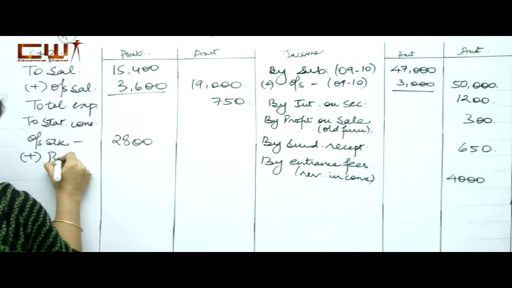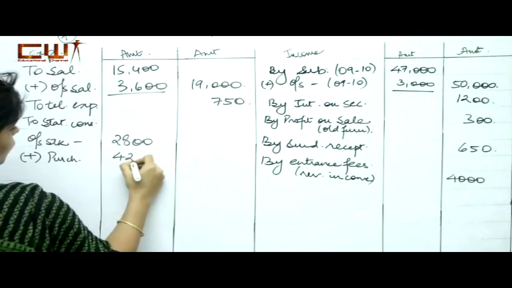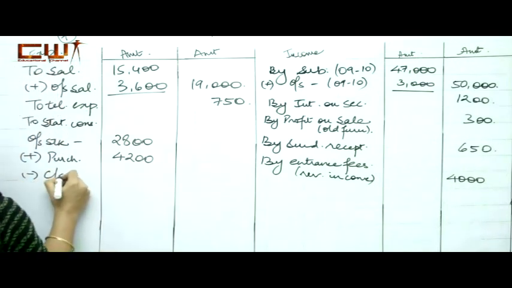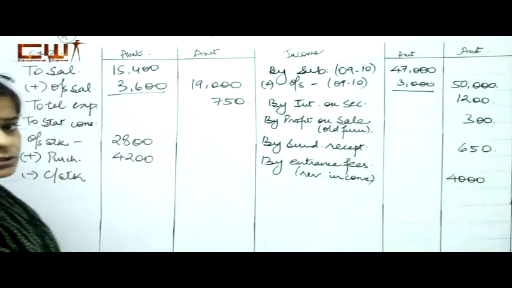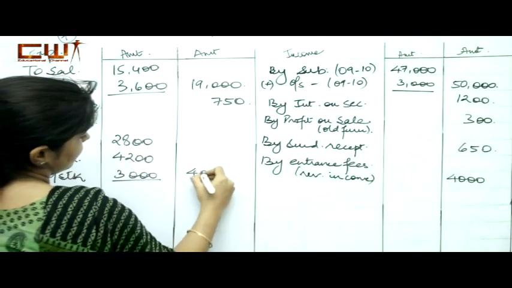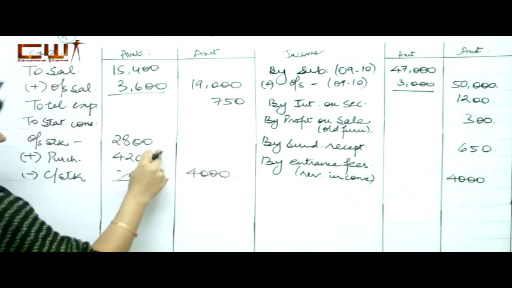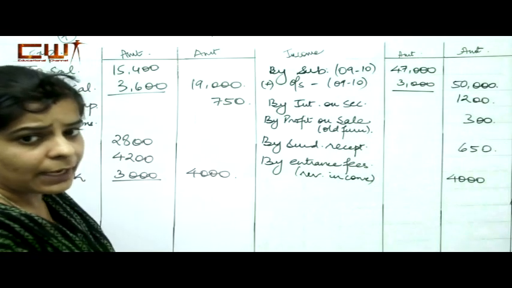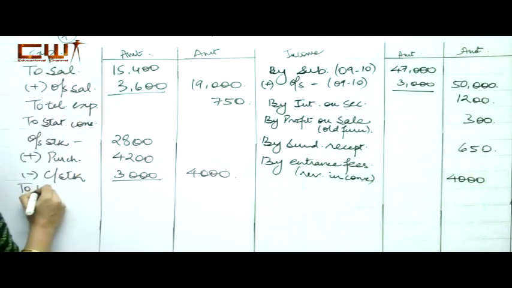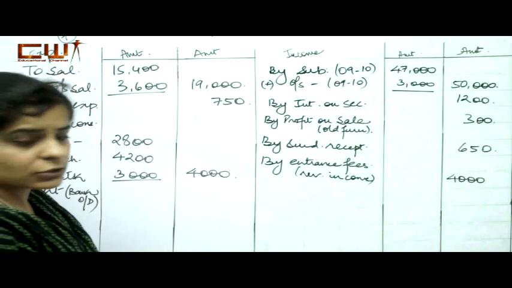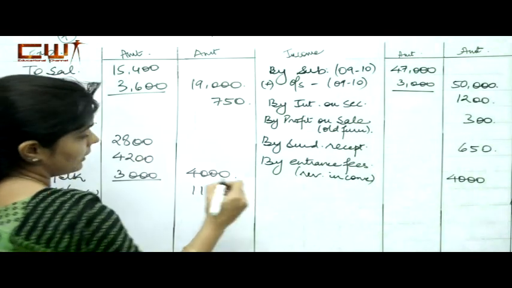Add purchases. Purchases is 4,200. Then you will have the closing stock. Closing stock of how much? 3,000, right? So that will be a total of 4,000. 2,800 plus 4,200 minus 3,000 will give you 4,000. Interest on bank overdraft. To interest on bank OD or overdraft as you say, 1,100, right?